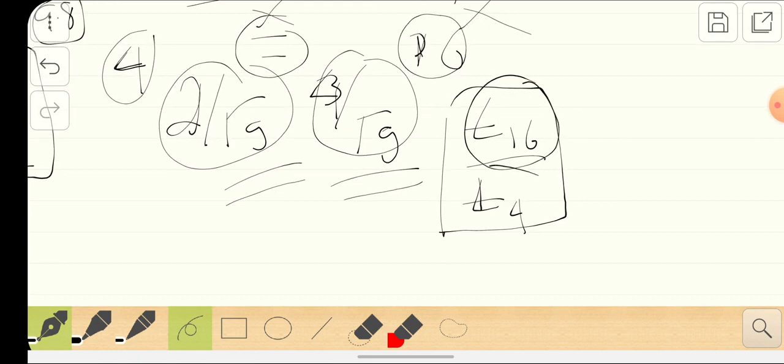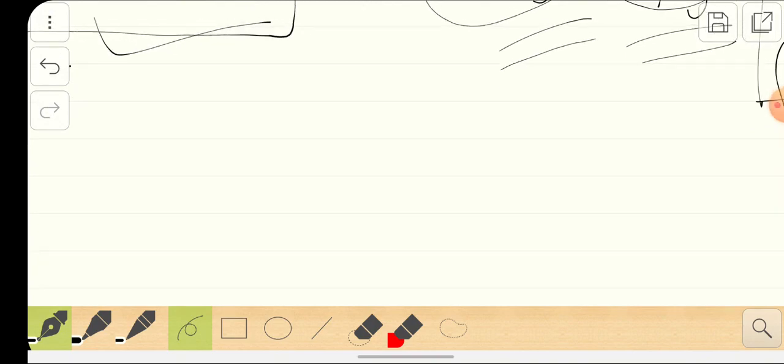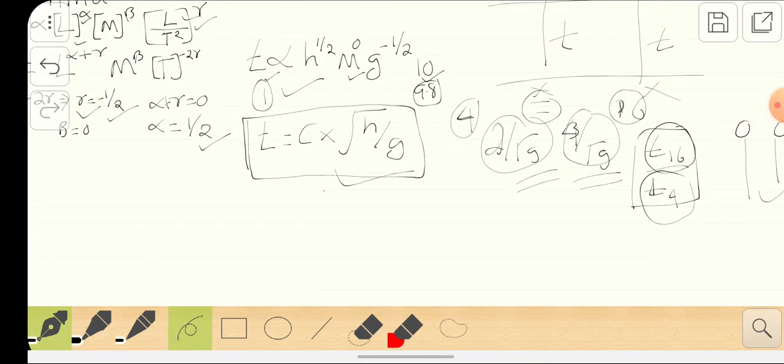So we know that when you drop something from 4 meters and 16 meters, it will take twice the time for 16 meters. That's a straightforward answer you got without any more calculation. That's a very big advantage of dimensional analysis. That's the second advantage; we had one advantage earlier, and now we have found the second one.